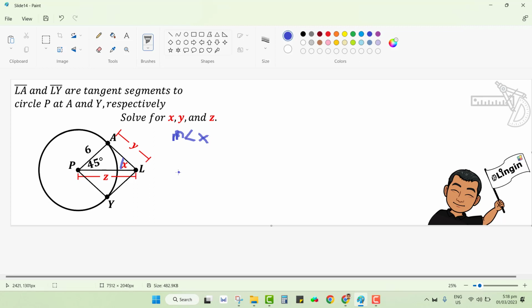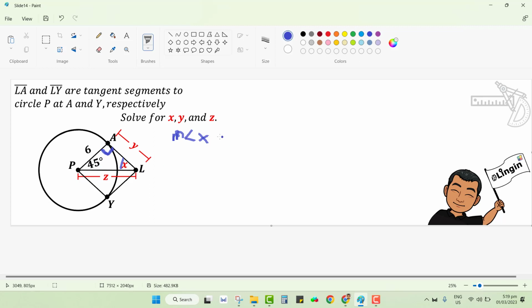But first, we need to understand the angle formed by a tangent segment and a radius. This angle here is automatically 90 degrees, or a right angle, meaning the tangent segment and the radius are perpendicular to one another. There is a theorem that supports this statement. This is automatically 90 degrees. This means that we already have 90 and we already have 45.